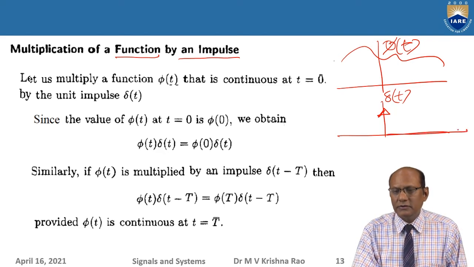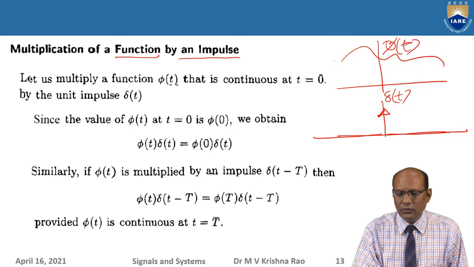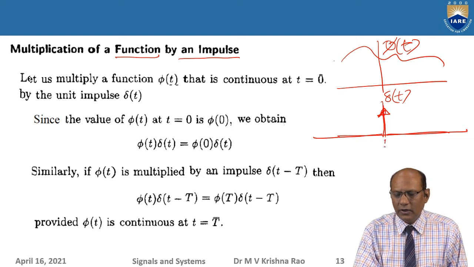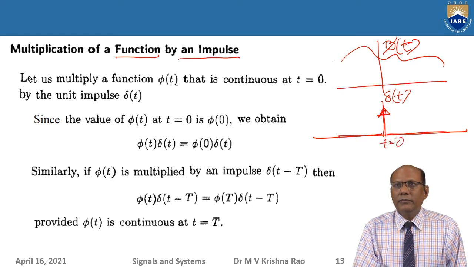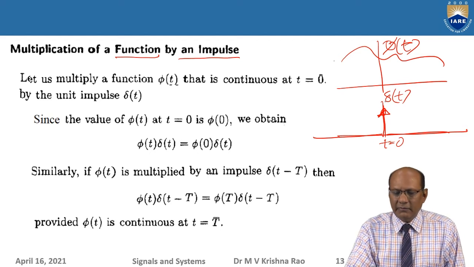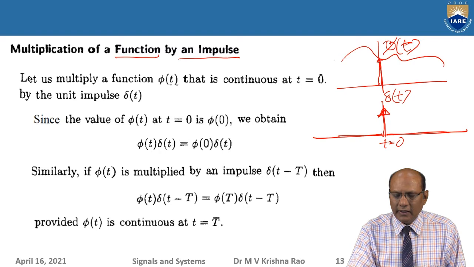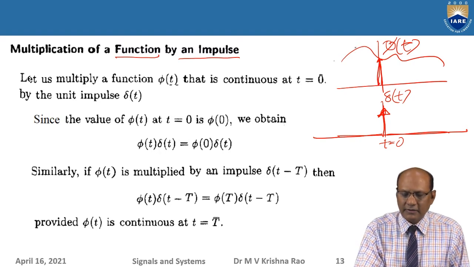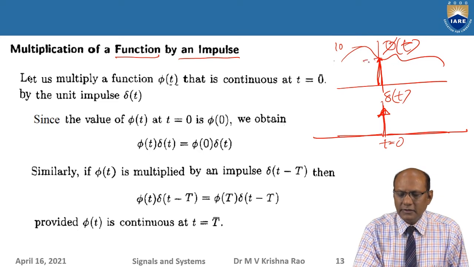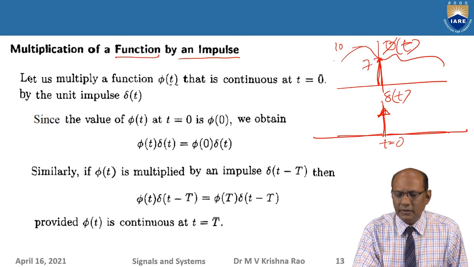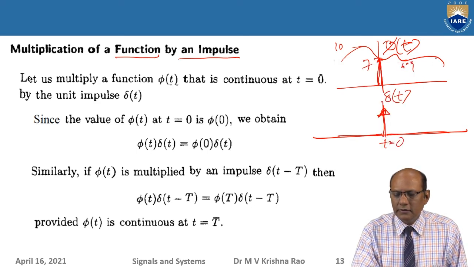This side is all zeros, and only at t equal to 0 do I have unity value. When I multiply this 1 with the value of the function there, this may be, for example, 10, this may be 7, this may be 6, this may be 6.9, this may be 6.95, like that.